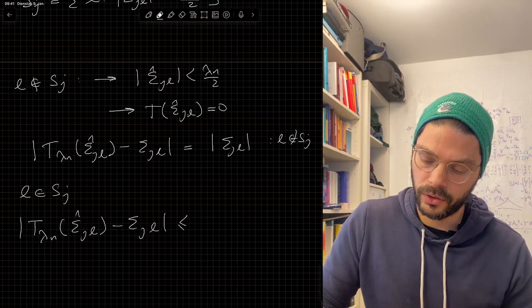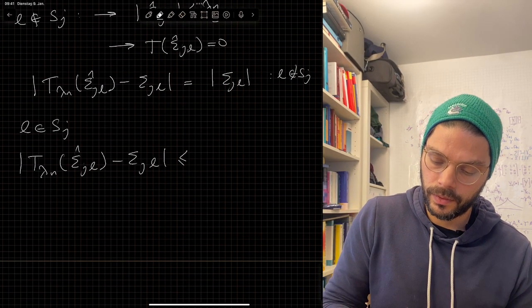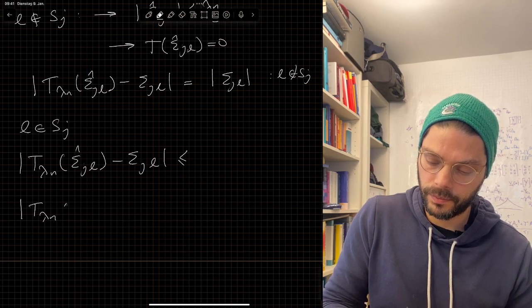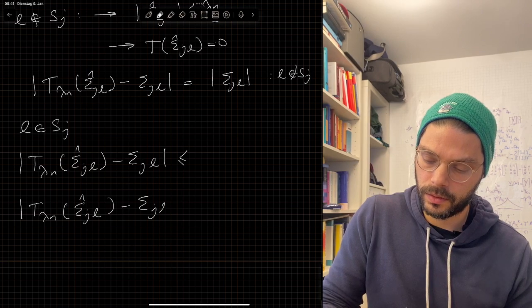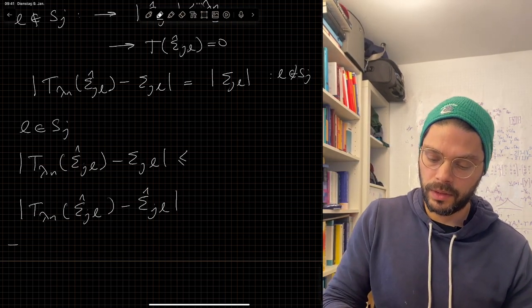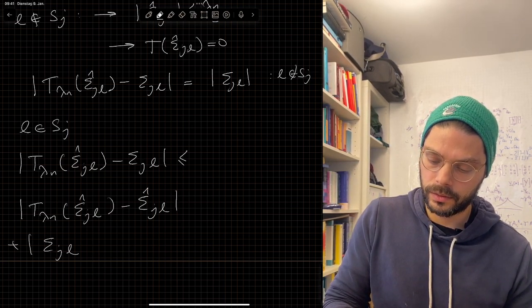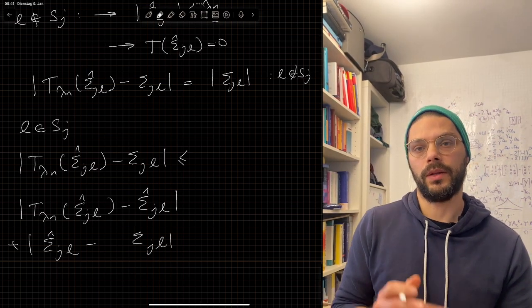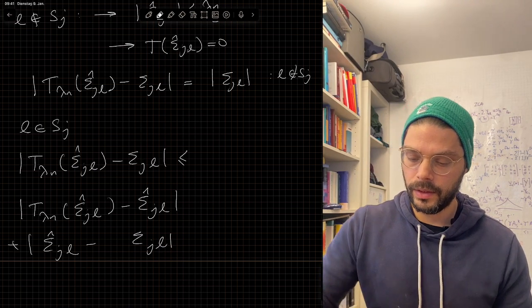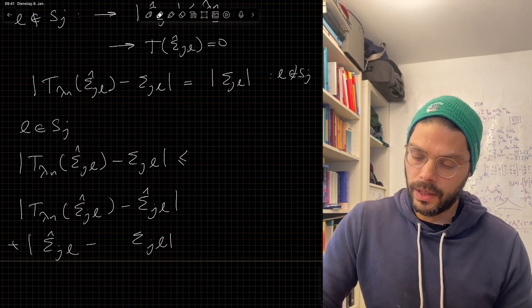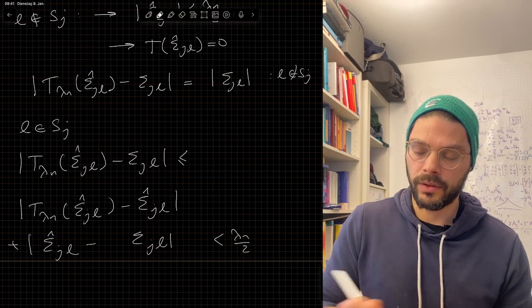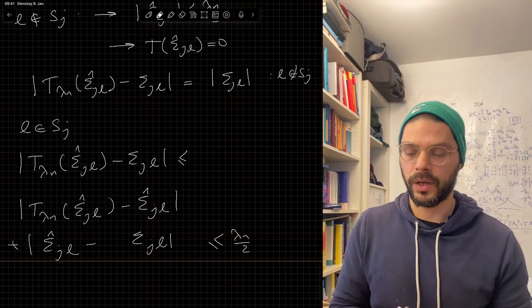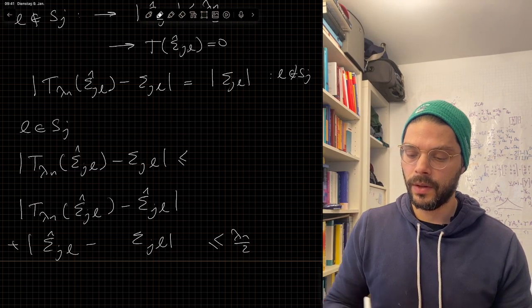We're going to say this is going to be less than or equal to this plus that, right? So that's just a triangle inequality. Now this part we know is going to be less than or equal to lambda n over 2. I forget which one it is, but it's going to be related that way.